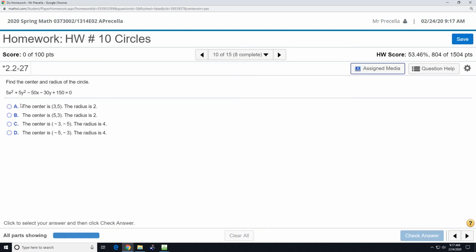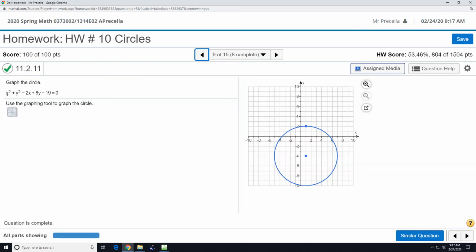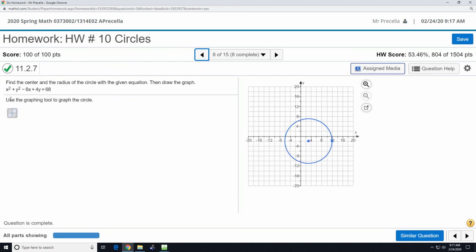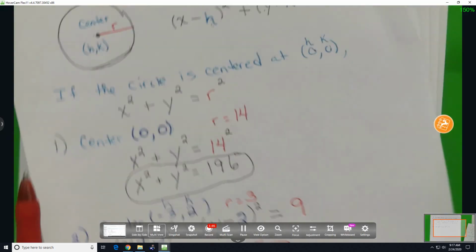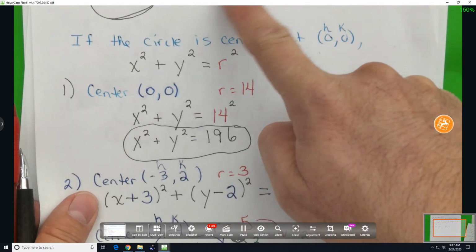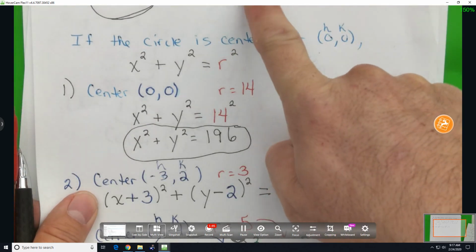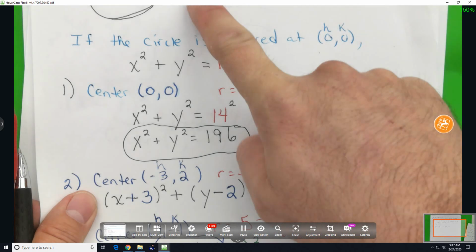After the break, we're going to do problem number 10. But if you're leaving us at this point, I want to give you a hint on number 10. Look at the other 2 problems. It's just an x squared. If you're going to take that x minus h squared plus y minus k squared and FOIL it out, you'll wind up with an x squared, not a number in front of x.